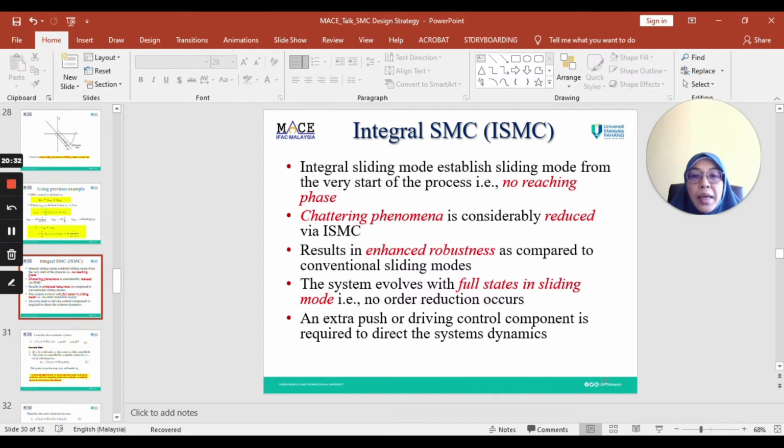Chattering is considered reduced through this approach, and we enhance the robustness as compared to conventional sliding modes. This system involves a full state in sliding mode, meaning no order reduction occurs, and an extra driving control component is required to direct the system dynamics.